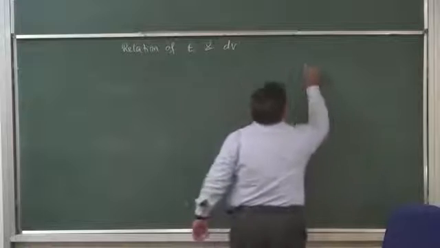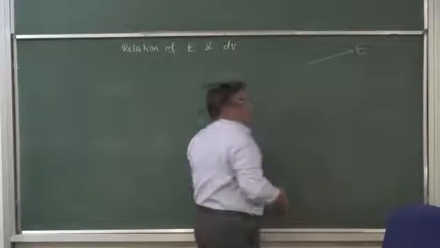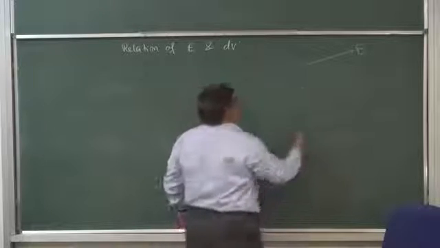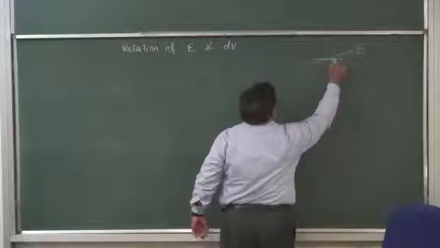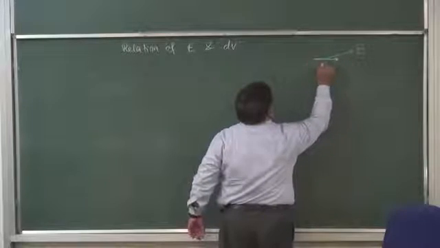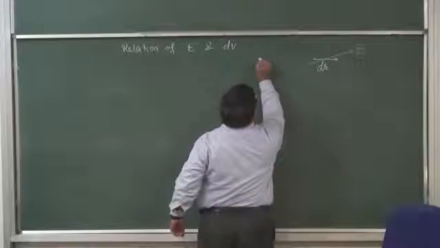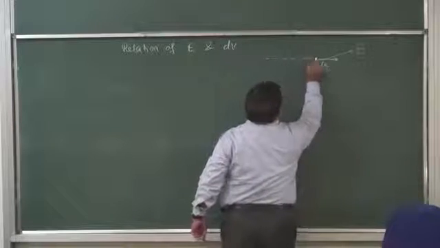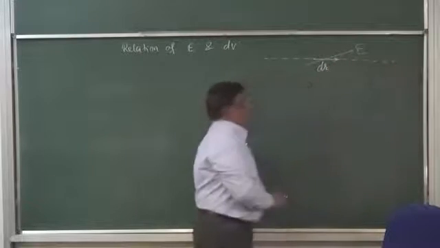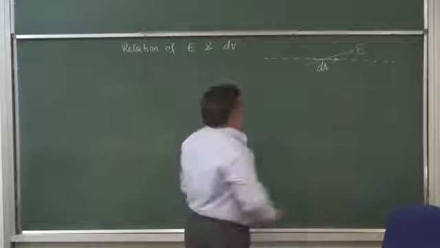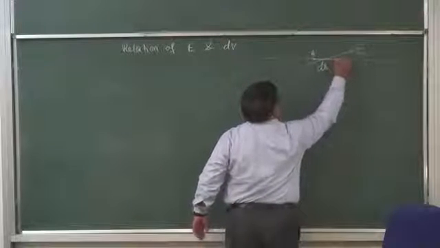At any location, this is the direction of electric field and this is the direction of r. This is dr. Now this point is A, this point is B.